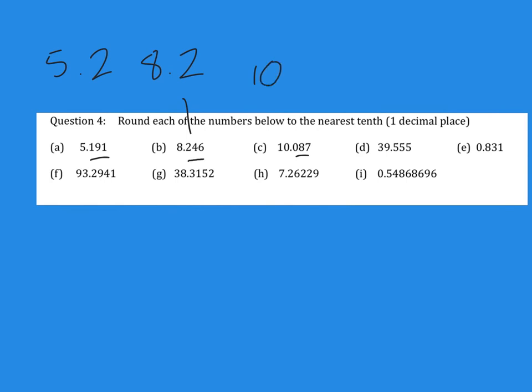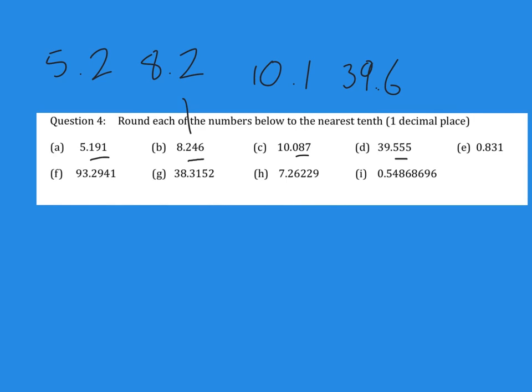It's closer to 10.1. The next one, 39.555, concentrating on this 55. Is that closer to 39.5, or is it going to be rounded up to 39.6? It's going to be rounded up to 39.6 because it's 50 or above, so it's 55.